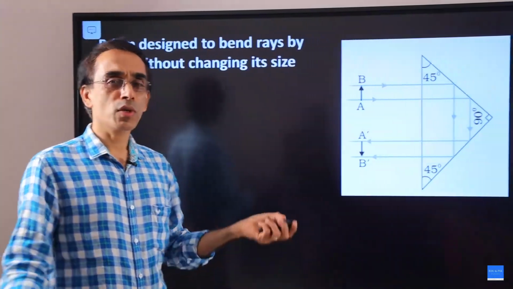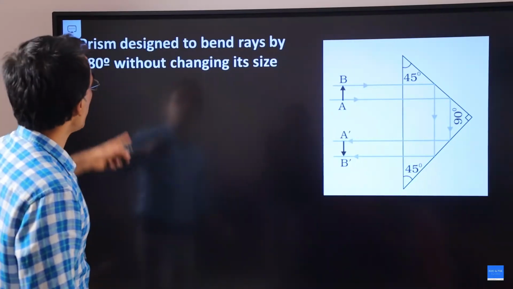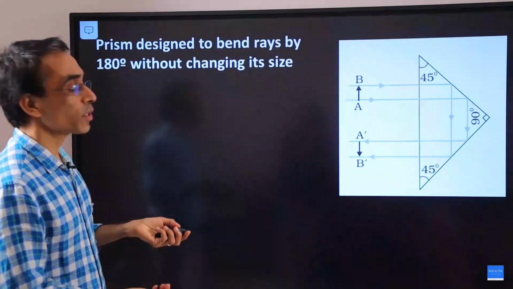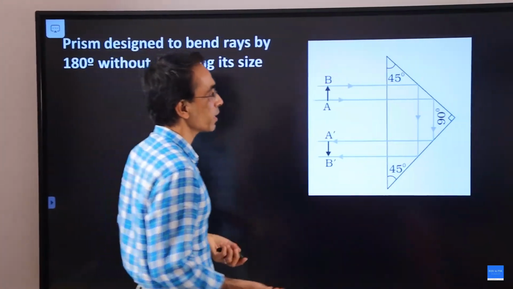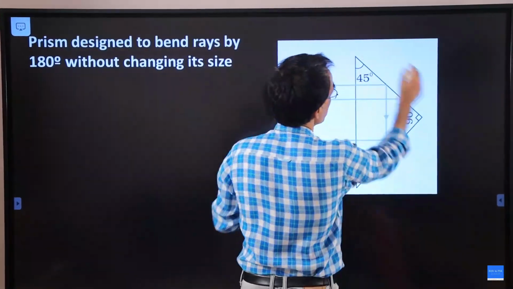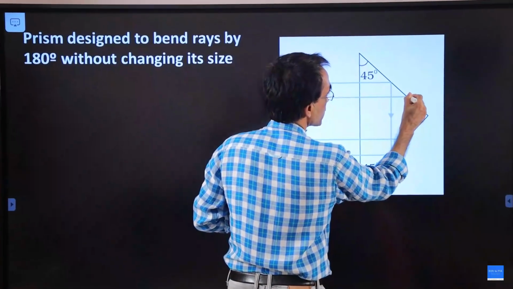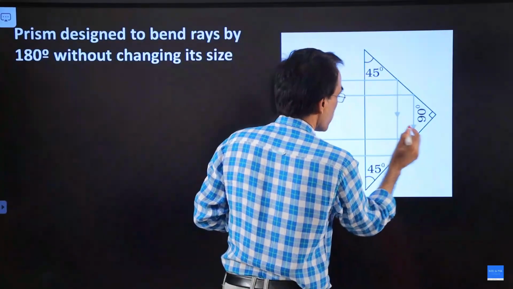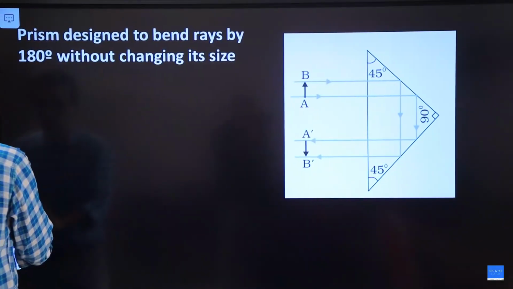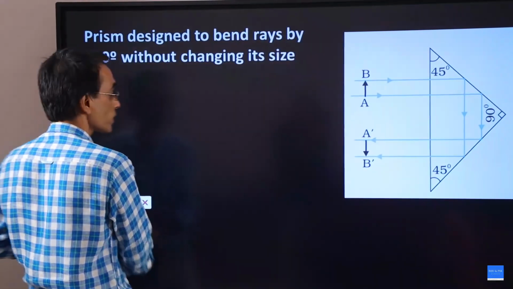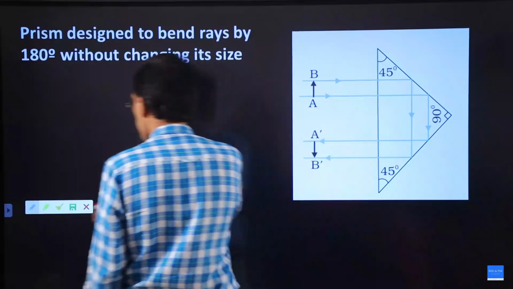Next one, based on the same idea, you can have a prism designed to bend rays by 180 degree without changing the size. I'll explain it in the same way, because this part is exactly the previous one. You can see light coming in this direction, hits here, comes here, and the second point you can see the critical angle.